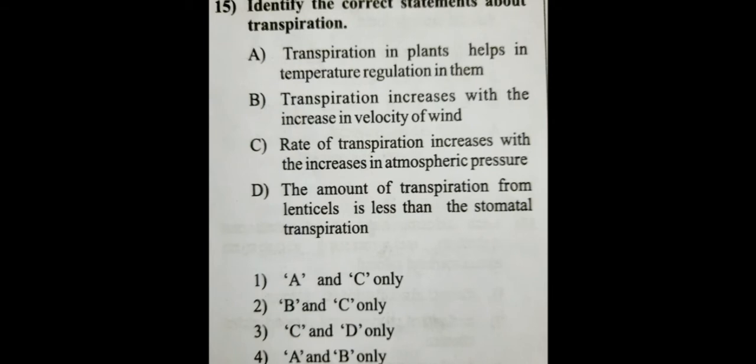The amount of transpiration from lenticels is less than the stomatal transpiration. So both A and B are correct statements comparatively to C and D. So the answer will be the fourth. A and B are the correct statements.